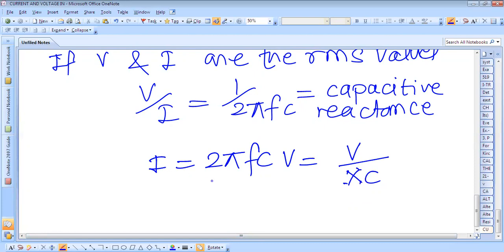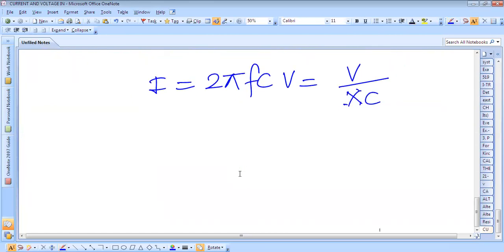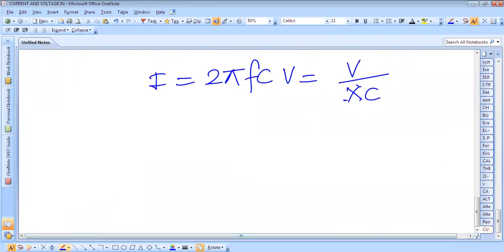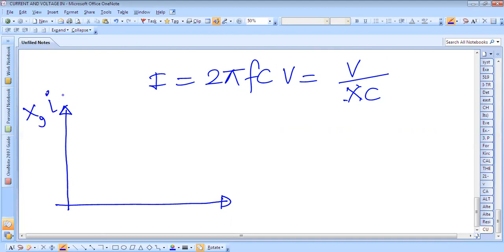So here the current is inversely proportional to the capacitive reactance. We can say the frequency is inversely related to the capacitive reactance, and the current is directly proportional to the frequency. By considering this, here it is reactance and current, and here it is frequency.